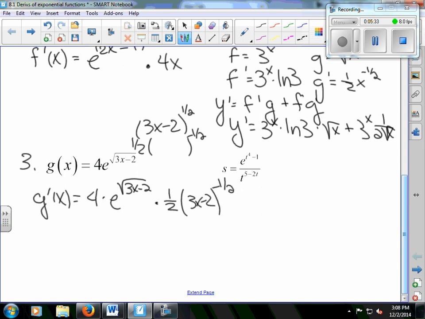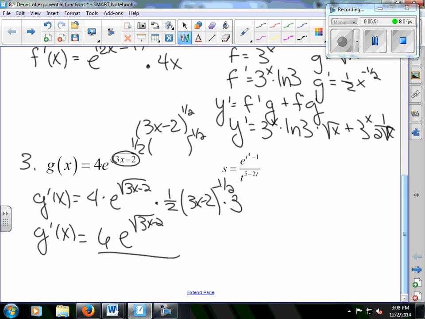And now look at your inside. It was a 3x minus 2, so I need to multiply by 3. This was a double chain rule. I will simplify this just a little bit to 6e to the square root of 3x minus 2 divided by square root of 3x minus 2.